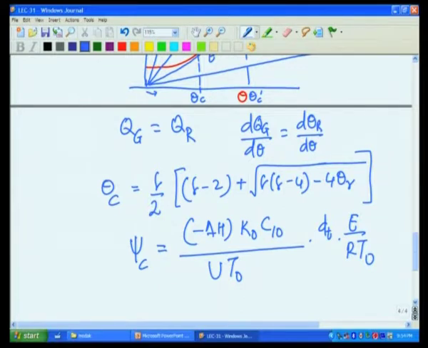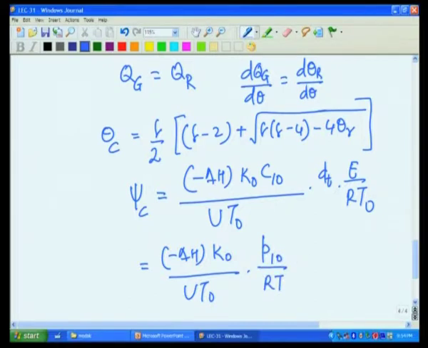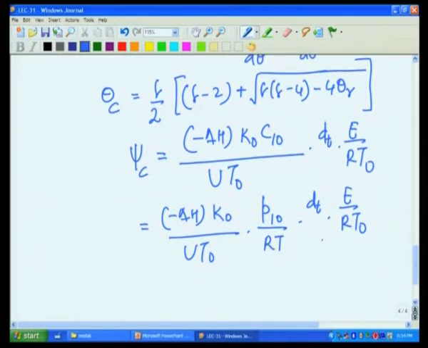Now we also know that we can write concentration in terms of pressures, partial pressures, if you assume ideal gas, for example, and there is a critical value psi c.